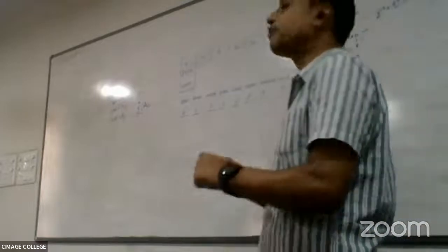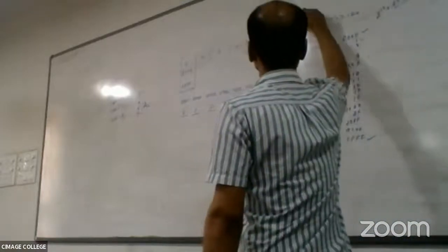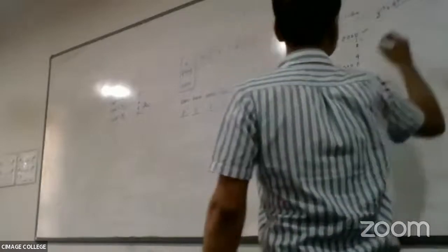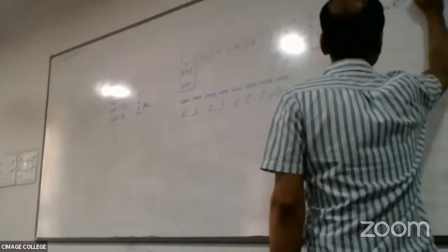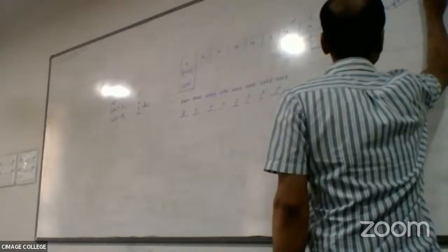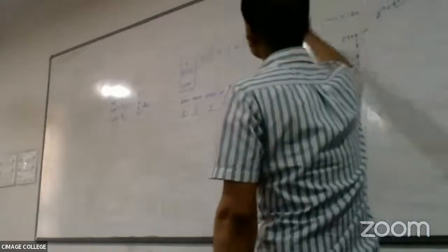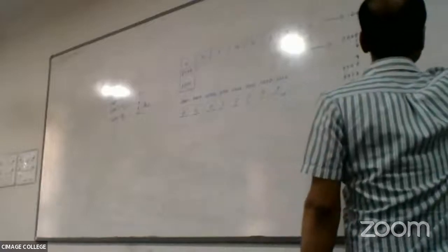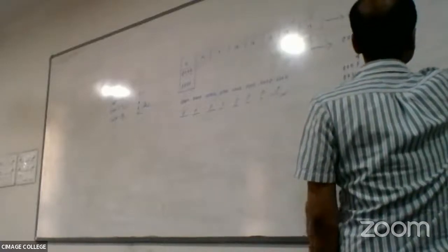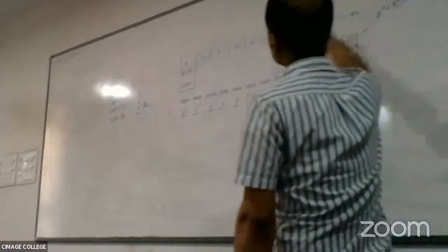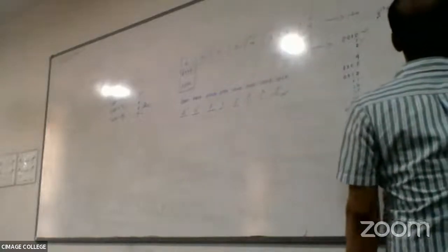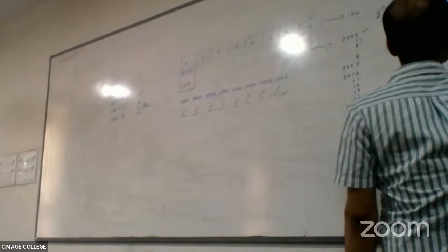Now, if I am going to use these two groups to form a host, in this case, what will happen? 65,536 times 65,536. Now I am going to use this group also. Then again 65,536. Now I am going to use this group again. 65,536.